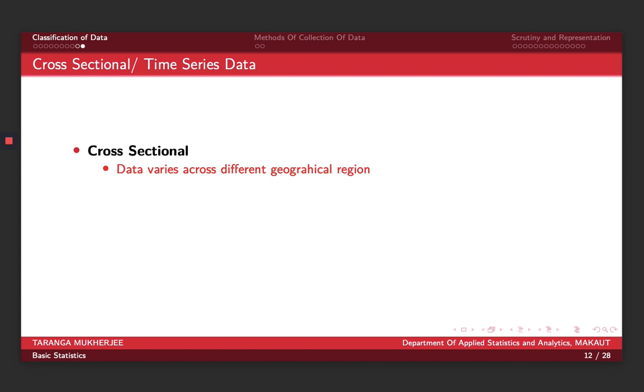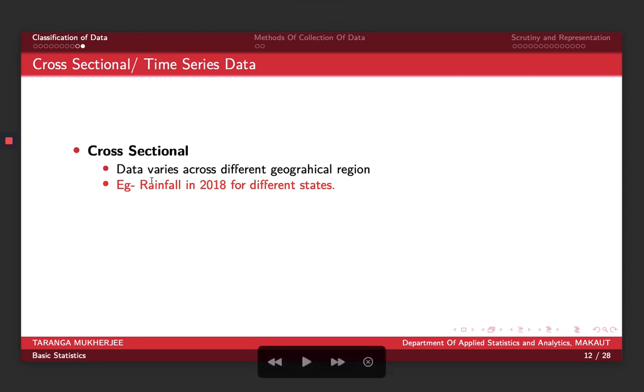So the amount of rainfall varies over different geographical regions. So definitely this is an example of cross-sectional data. So the example is rainfall for different states. Different states in India experience different amounts of rainfall.